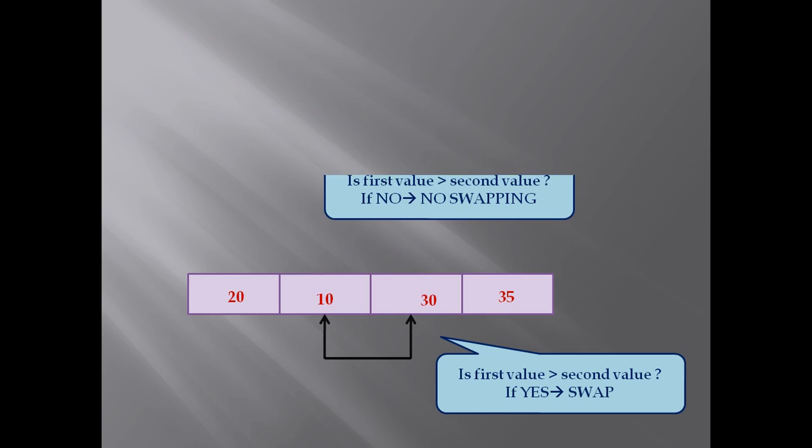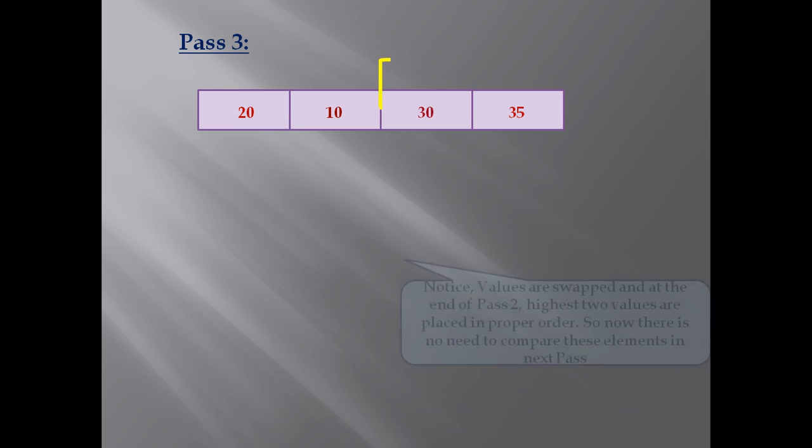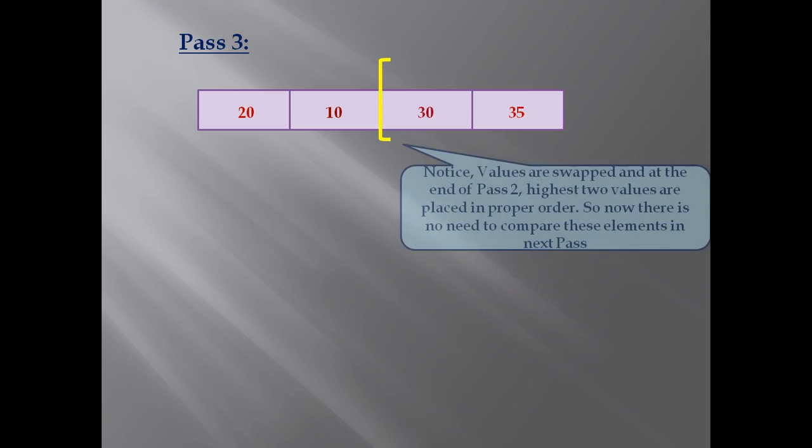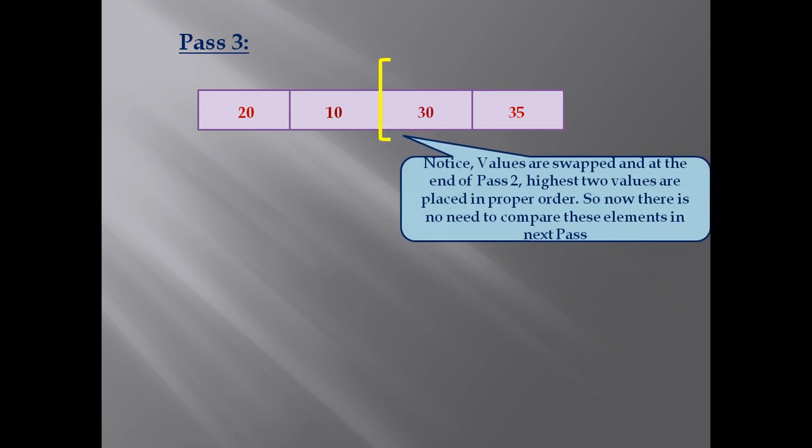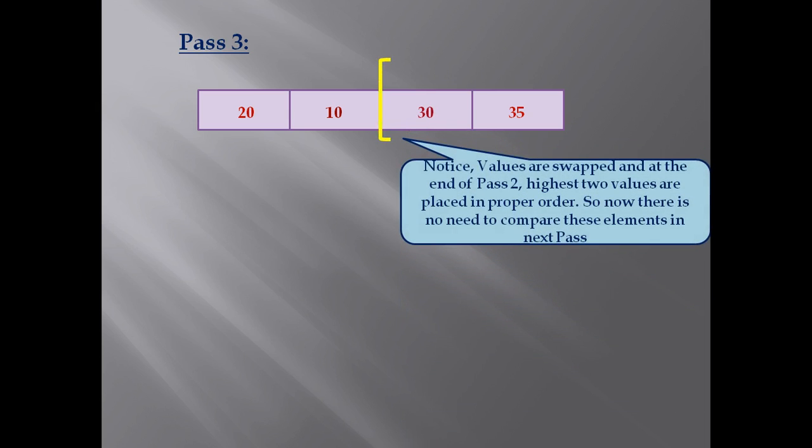Now for the third pass, as I told you, we are not going to check that last element 35 again, as we got the highest value at the end of the list, right? So we are going to start pass 3. In pass 3, you must have seen that these two values, 10 and 30, changed, and now the last two elements came in proper order, right?